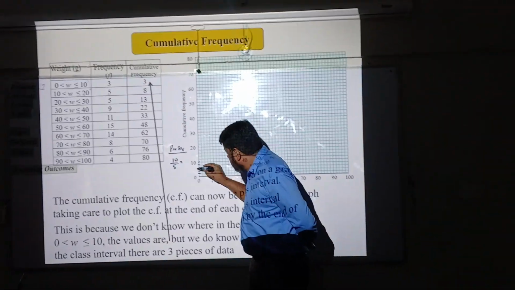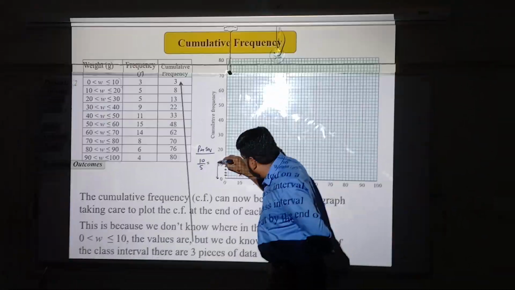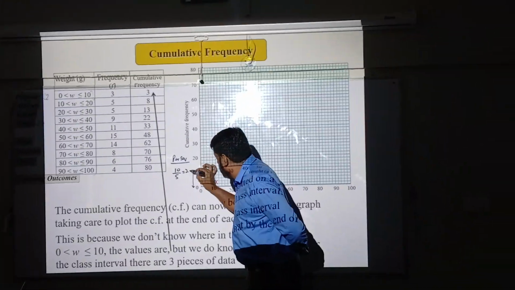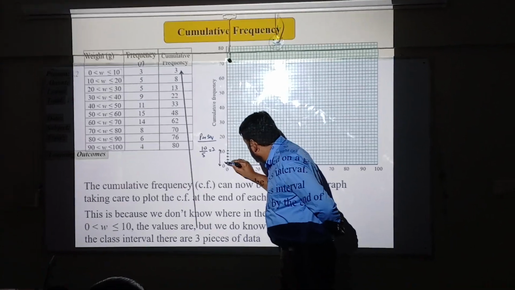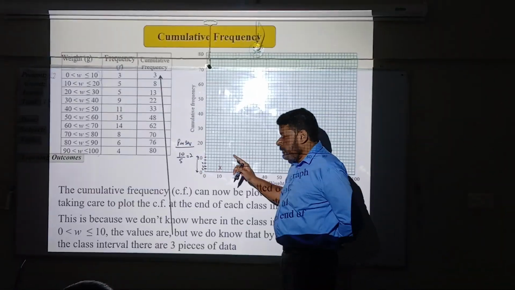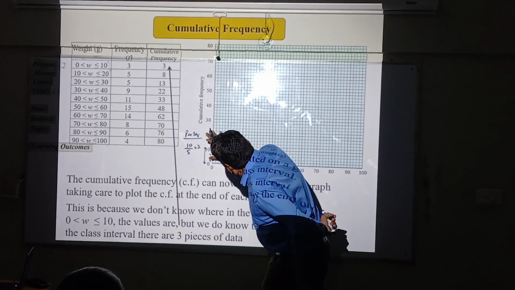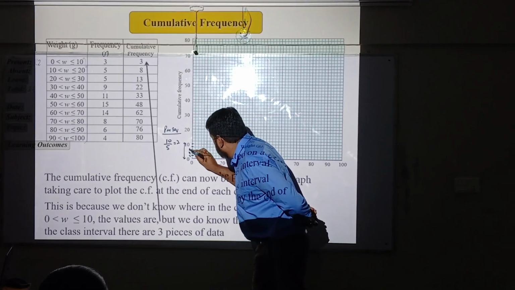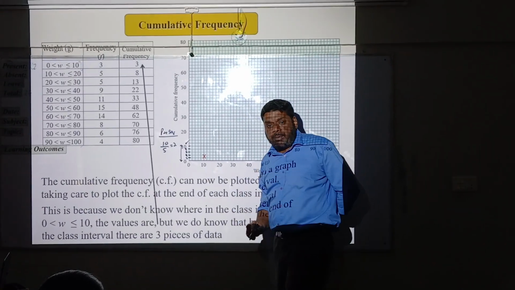Because 1 centimeter represents 5 small squares. So my answer is 2. So this is my 2. This is my 3, 4. No. Not at all. 2, 4, 6, 8. Perfect.